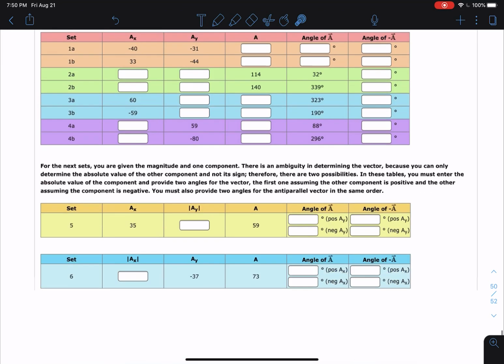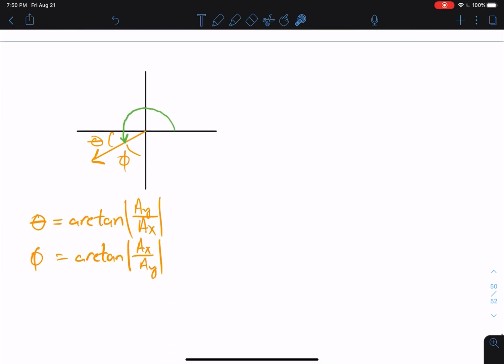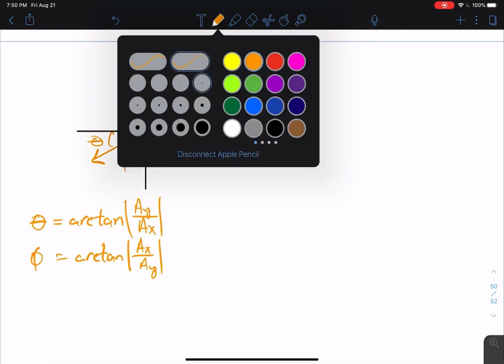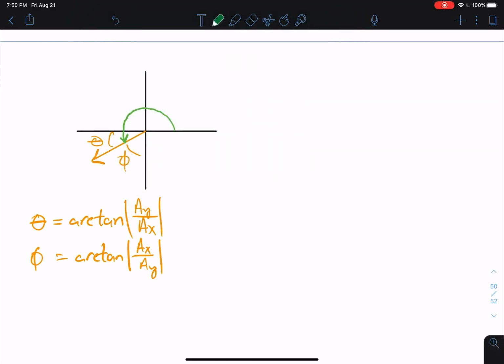Okay, so if I'm drawing this one, I've got to go 0, 90, 180, 270, so 339 is going to put it somewhere over here. I'm just guesstimating what it is. So that's 339 degrees all the way around, going from here all the way around to there.